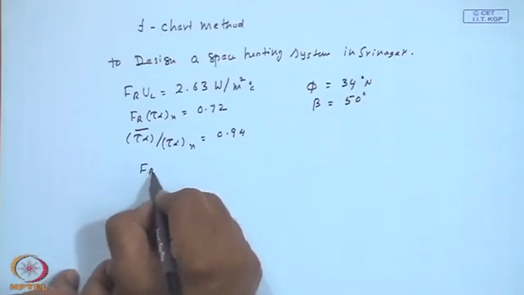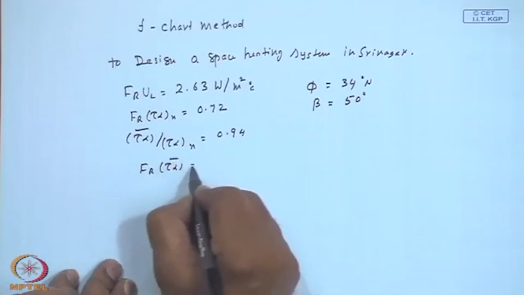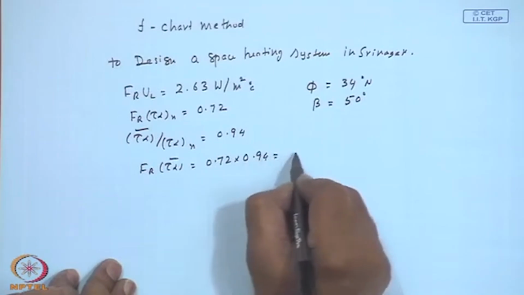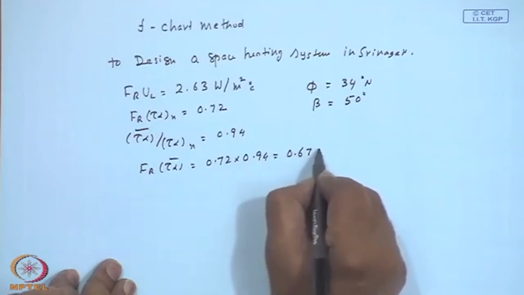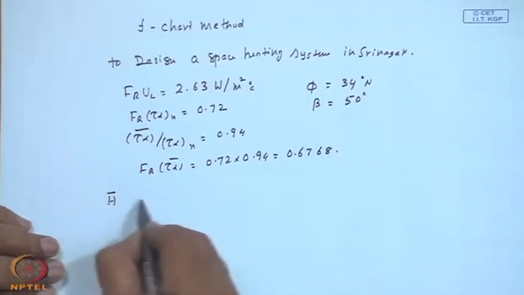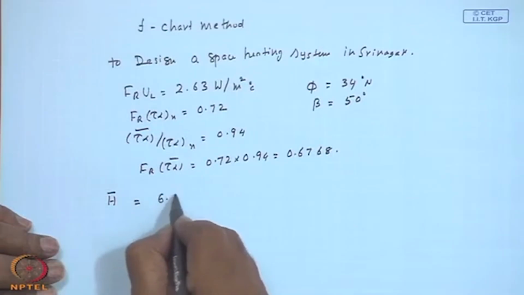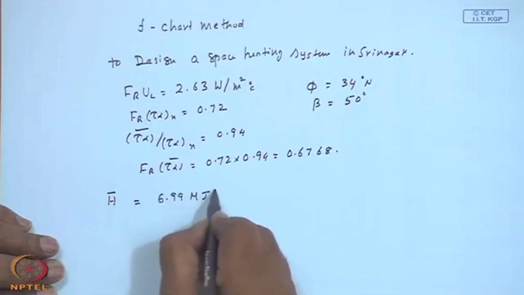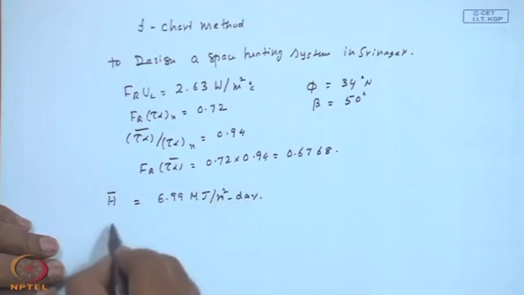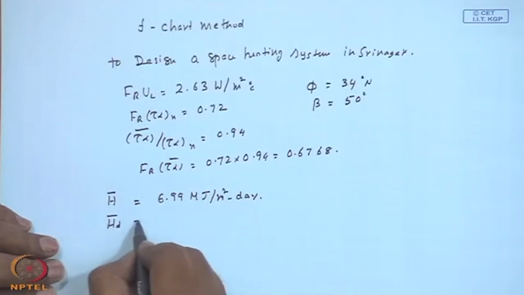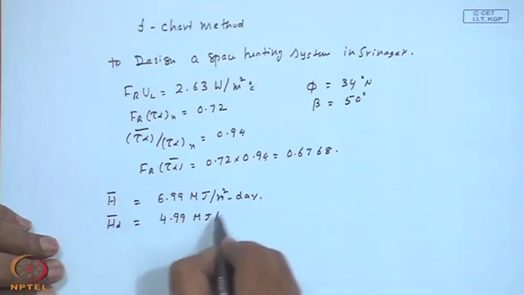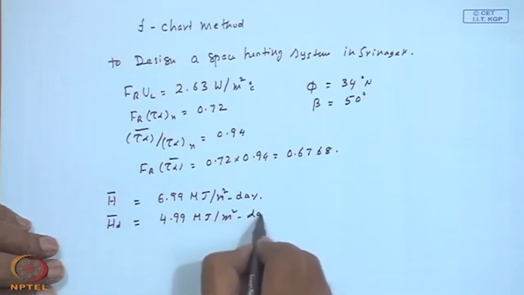So, FR tau alpha bar will be 0.72 into 0.94, equal to 0.6768. H bar from the data file is 6.99 megajoules per meter square day, and then fortunately HD bar also is available in the data file, 4.99 megajoules per meter square day.